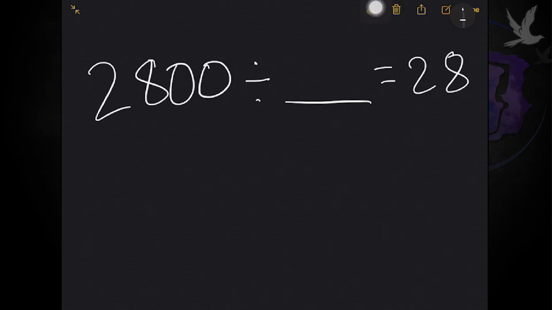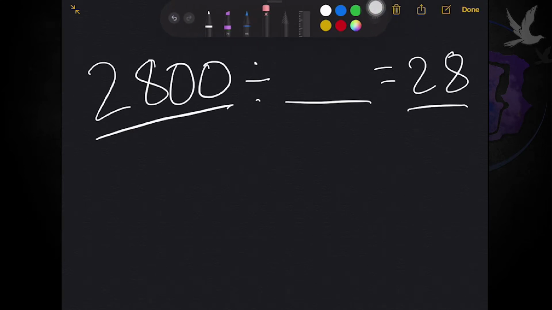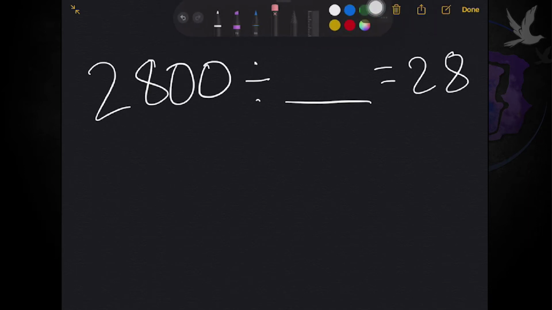Okay, so in this case, you might also experience this situation where our divisor is missing. Our dividend is given and our quotient is also given. All you have to do here is look for the divisor. This is basically a technique.